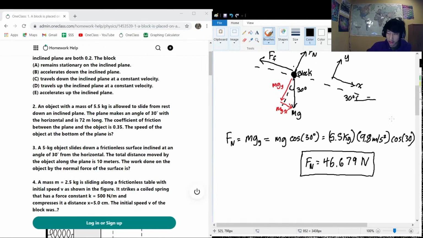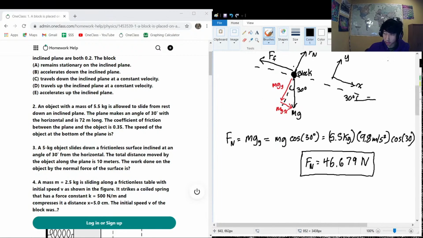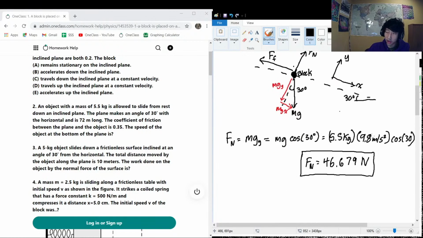Okay, so the next thing that we want to do is take the forces in the x direction, or in the tilted x direction, basically alongside the surface of the slope. So we're going to have the x component of the gravitational force and the frictional force. We're not going to know what they are, so we can write this as the sum of all forces along the x direction is equal to the mass times the acceleration down the x direction.